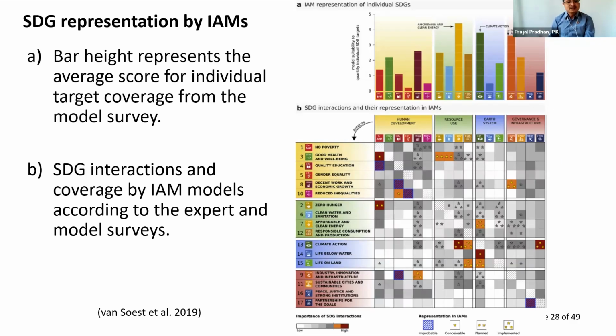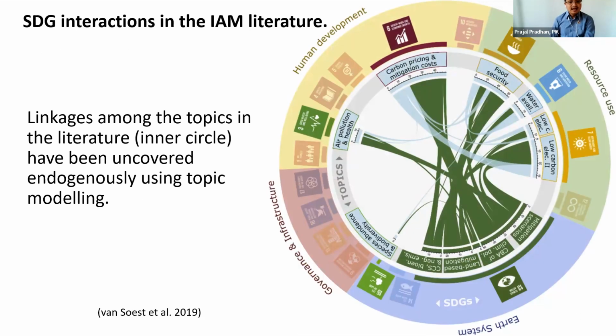This shows that currently integrated assessment models are not able to represent all the SDG interactions. But the good news is that some of those SDG interactions can be mapped onto those integrated assessment models.